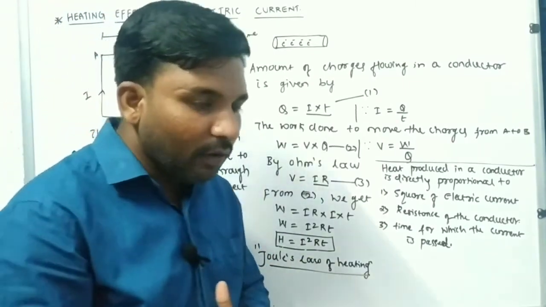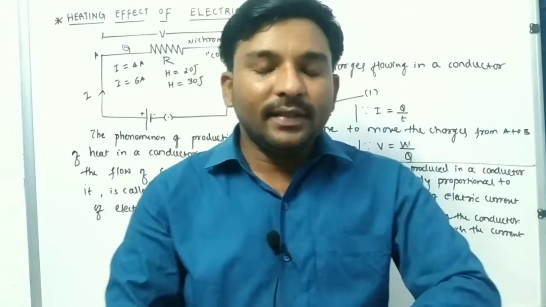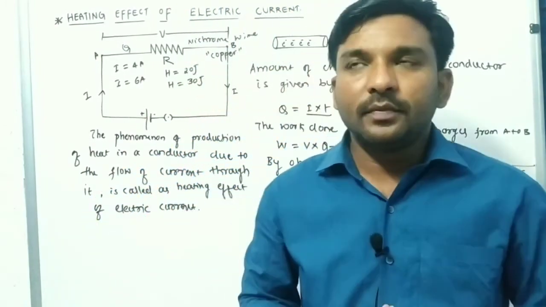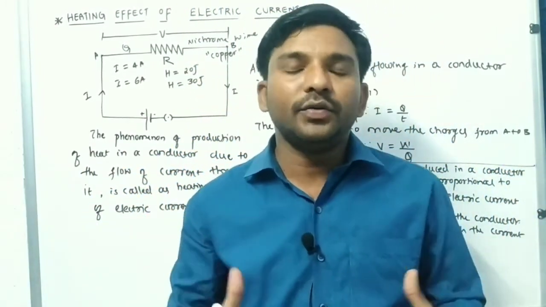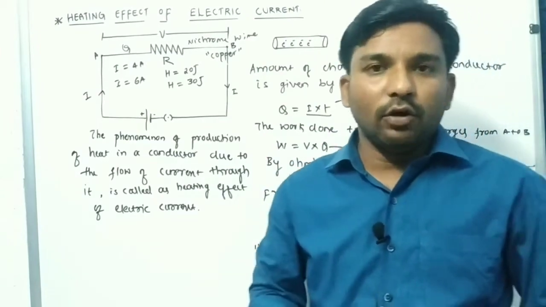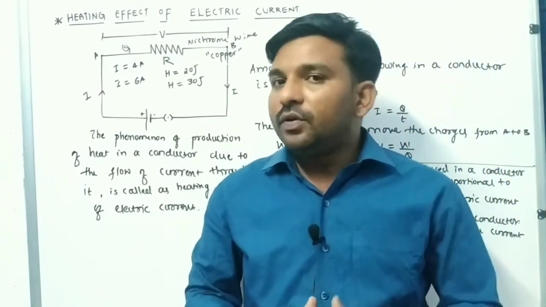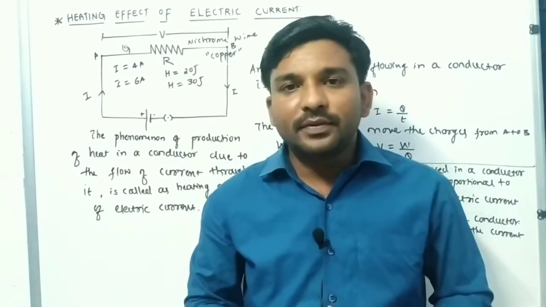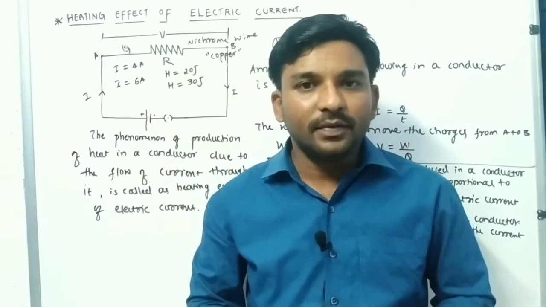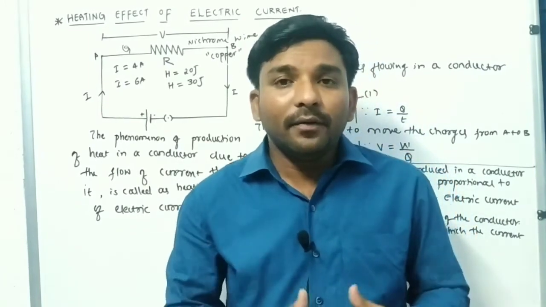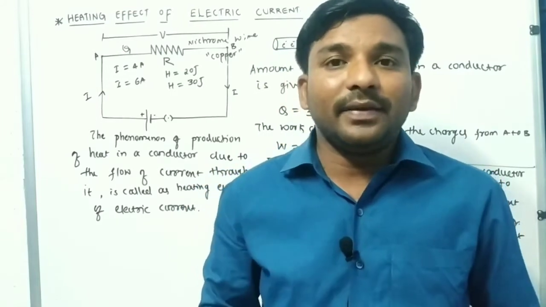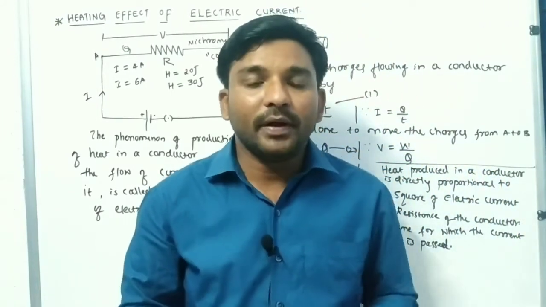Let's say for house wiring purposes we are using copper wire. Now in that copper wire, is heat produced? Yes, the heat is produced. So why can't we feel the heat produced in a copper wire?